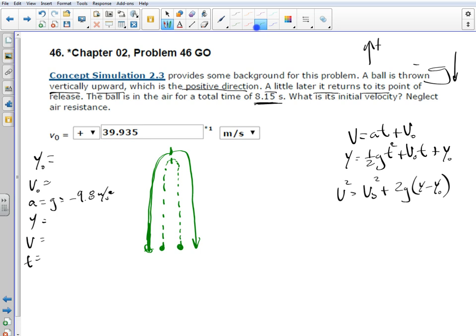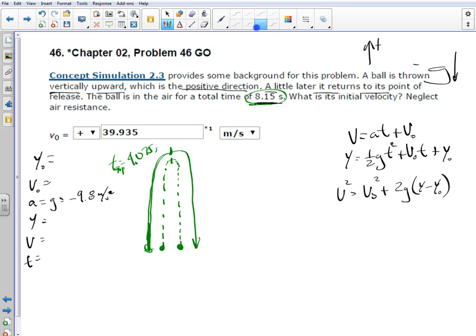How long would that take? So the time it takes to get to the top. Well, if it takes 8.15 seconds to go the whole thing, take half of that, right? 8.15 divided by 2 is 4.075. So the time to the top is 4.075 seconds. So that's one way to handle it. And we'll do that first, and then we're going to look at a second way to handle this problem.